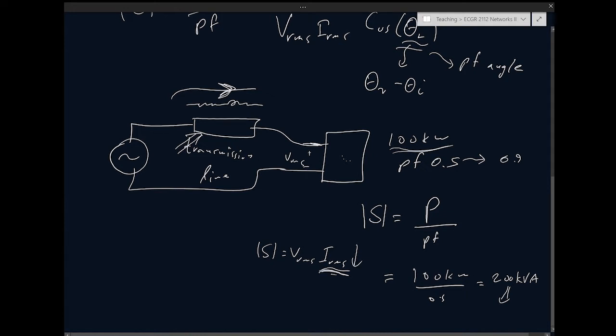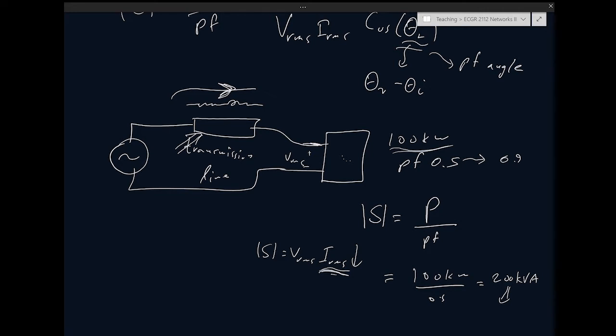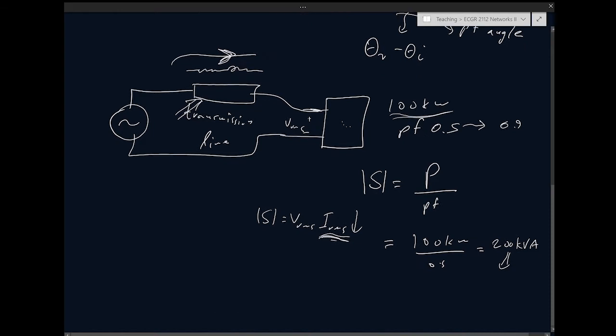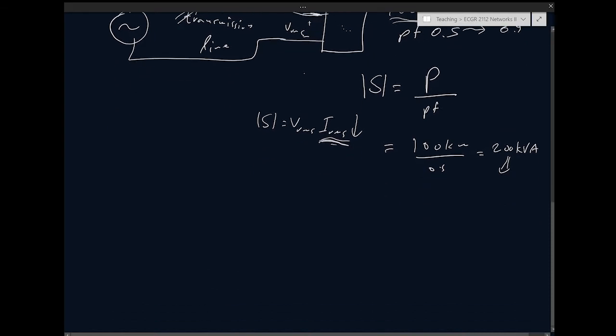So it's always in the interests of the provider of power for the power factor of the load to be as close to unity as possible. Could the power factor be leading? That's very rare. Most power factors are lagging, because what are the most industrial loads?